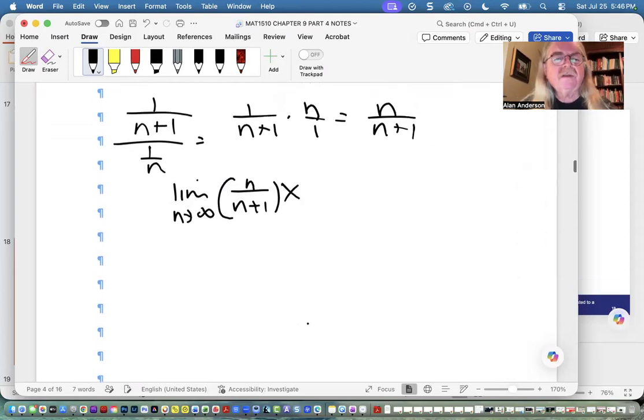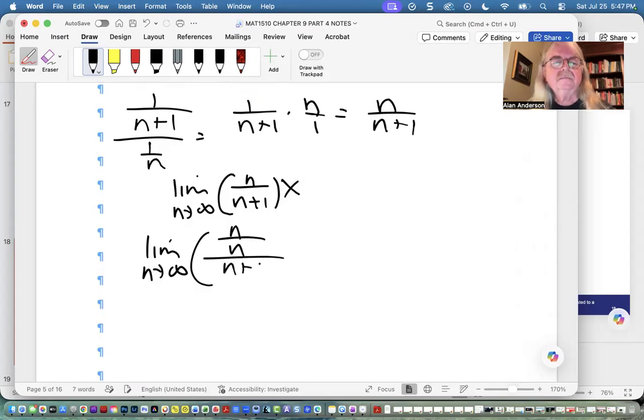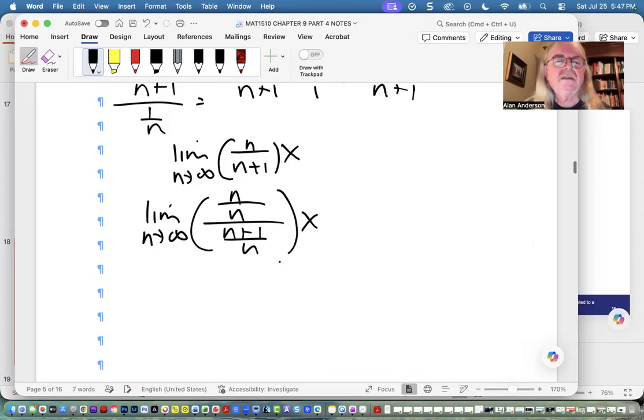Now, in order to solve for this limit, we're going to have to do something different. We're going to divide the numerator and the denominator by n. You'll see why.